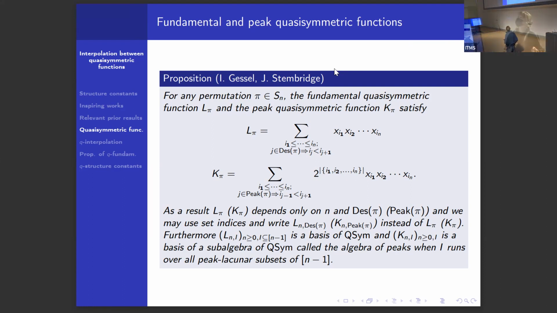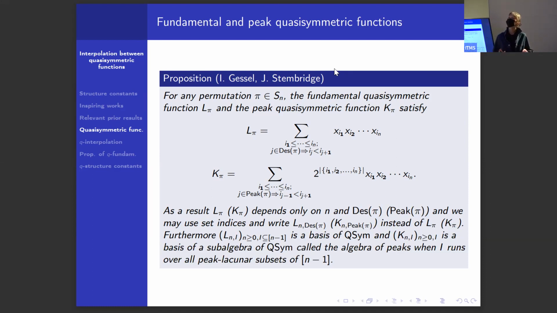We should note also that fundamental quasisymmetric functions depend only on the descent set of the permutation pi, and peak quasisymmetric functions depend only on its peak set. So further, we can use the sets as indices for the fundamental and peak quasisymmetric functions.